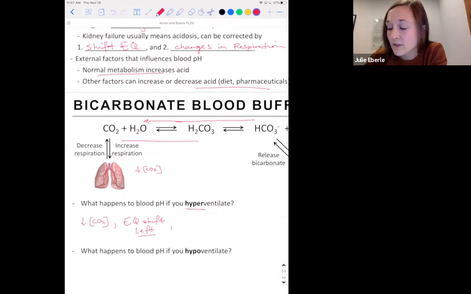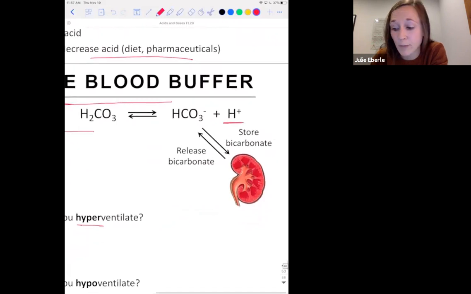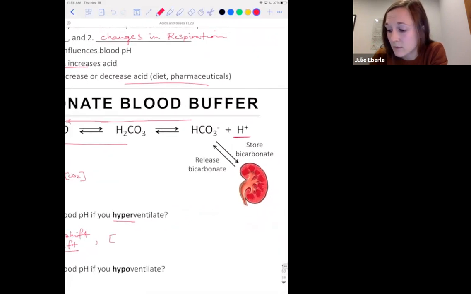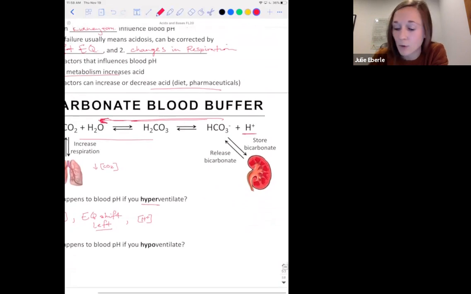Now, if equilibrium shifts left, let's look over here. What's going to happen to the concentration of our products, specifically H plus being the thing that affects pH? Will it go up or down? If equilibrium shifts this way, it will go down.